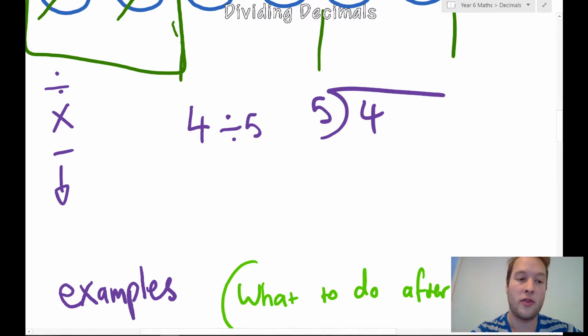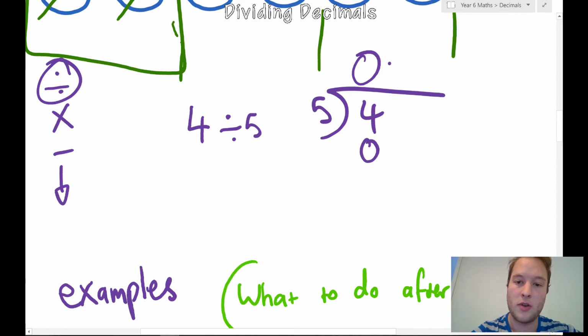All right, so divide first. 5 into 4 goes 0 times. I can't do it. Yeah, doesn't work. Now I do 5 times 0 is 0. Then I go 4, take away 0 is 4, right?